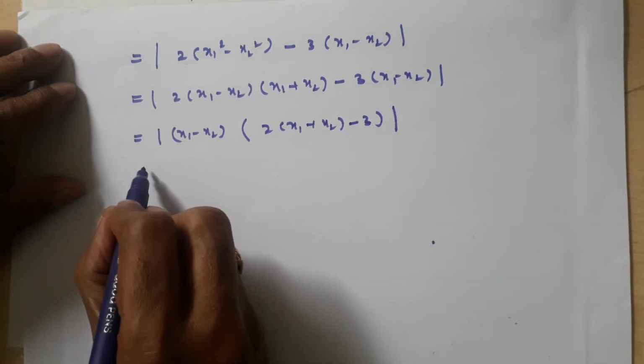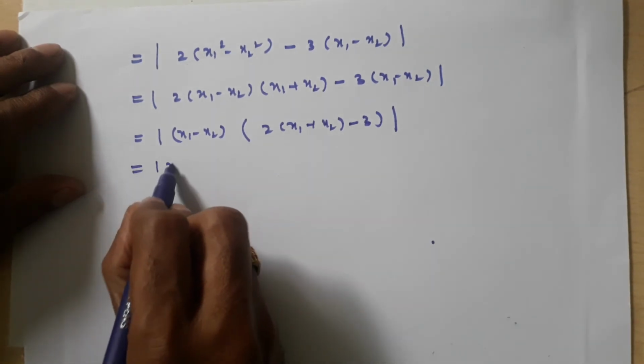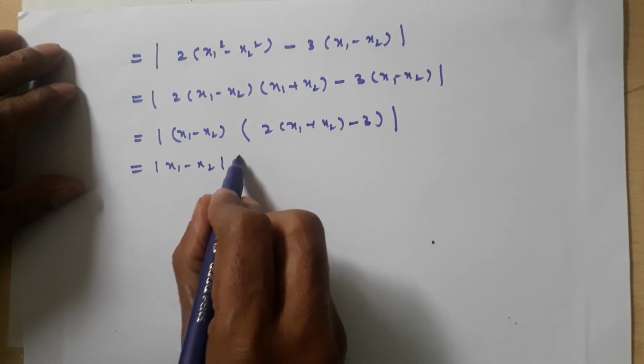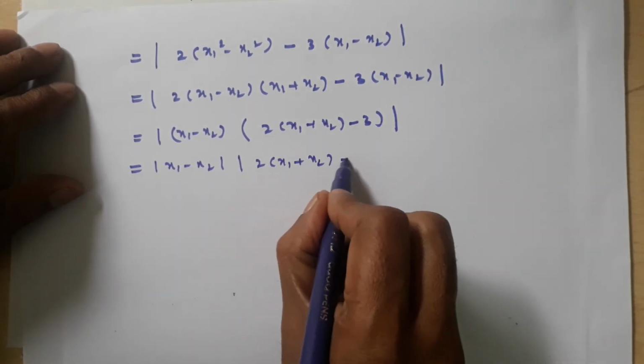Which is less than or equal to, because first of all this is equal to mod x1 minus x2, mod AB, into 2 into x1 plus x2 minus 3.